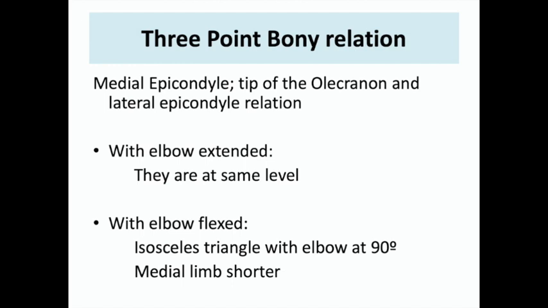All the books say isosceles. If you read your S. Das, it says that the medial limb could be shorter. Now, for this, you always have your opposite elbow to compare. And be very careful, you need to compare both the elbows in a similar amount of flexion. If you don't do that, it would be erroneous.